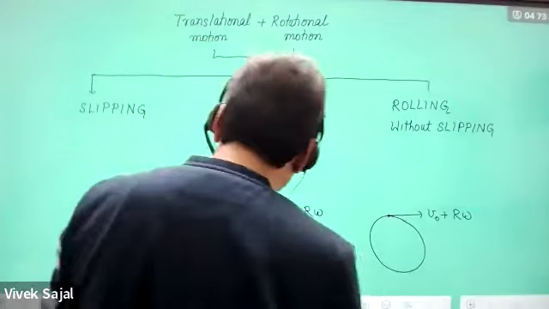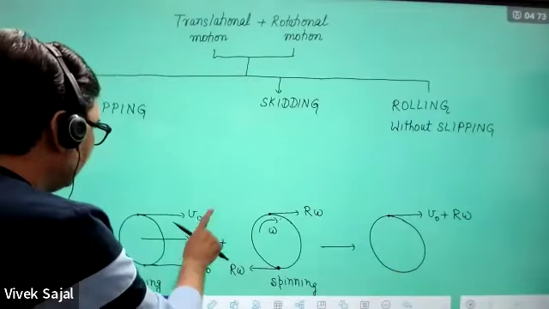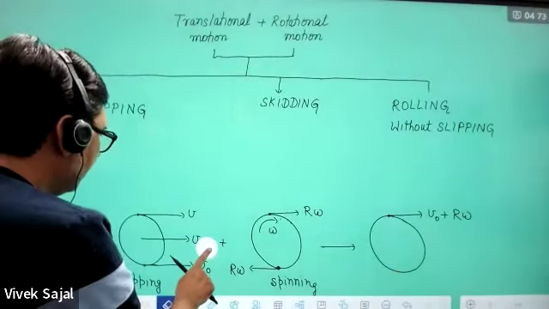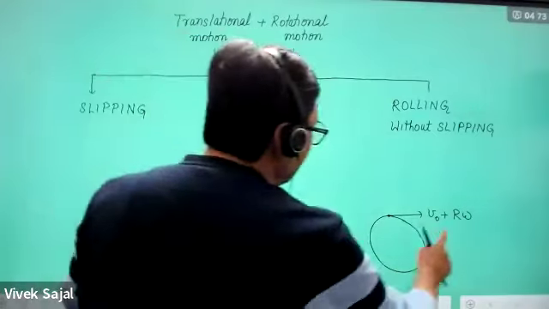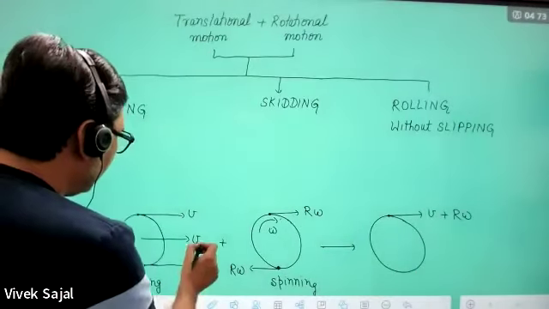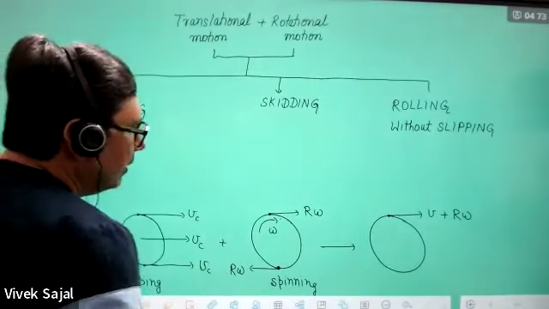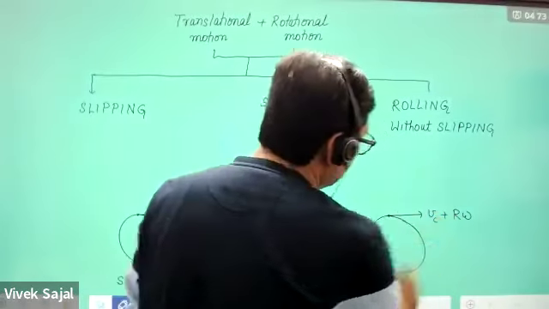And what will it have at the lowest point? I should write it as V naught, VC. That will be better to remember. So I'm writing it as VC so that you can understand this is the velocity of the center of mass.